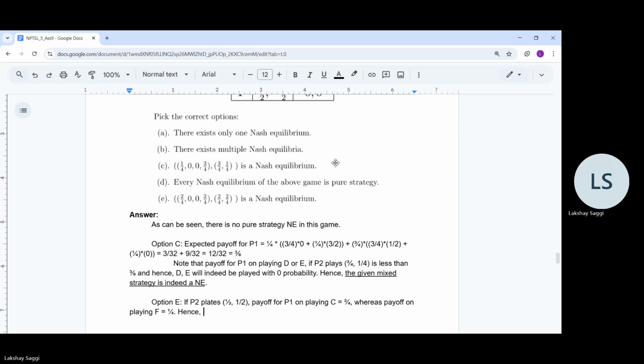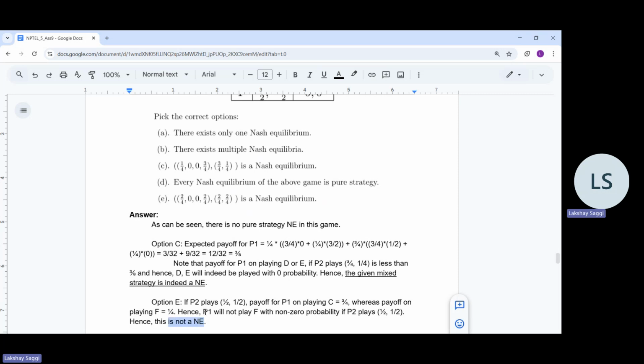Hence, P1 will not play F with non-zero probability if P2 plays half comma half. Hence, this is not a Nash equilibrium.